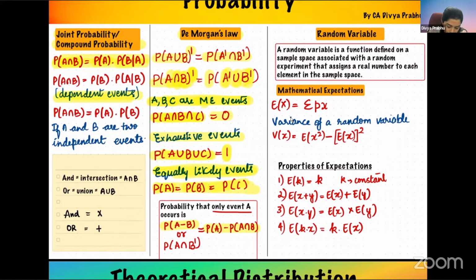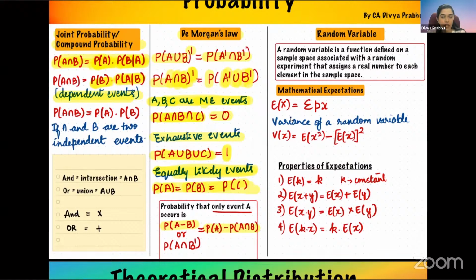If you see here carefully, it is the unconditional probability of one event, P(A), and the conditional probability of another event. Here P(B|A) means it is the conditional probability of B. That's why we are multiplying the conditional probability of one event, which is B, with the unconditional probability of another event. Similarly, it can also be the unconditional probability of B and the conditional probability of A. This is how it works.